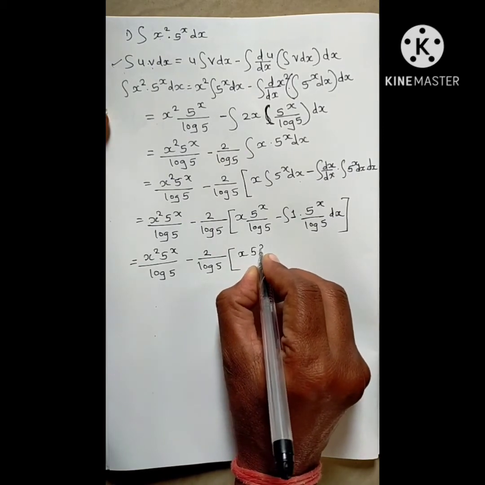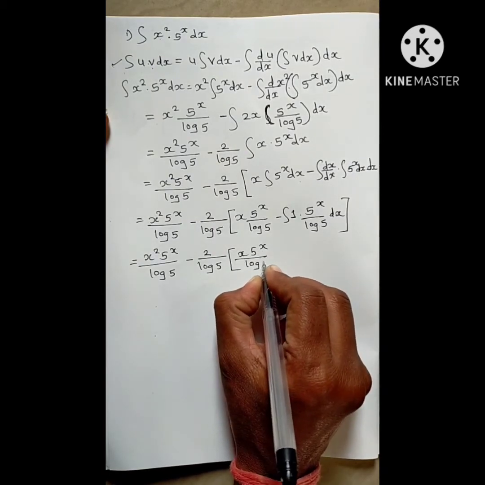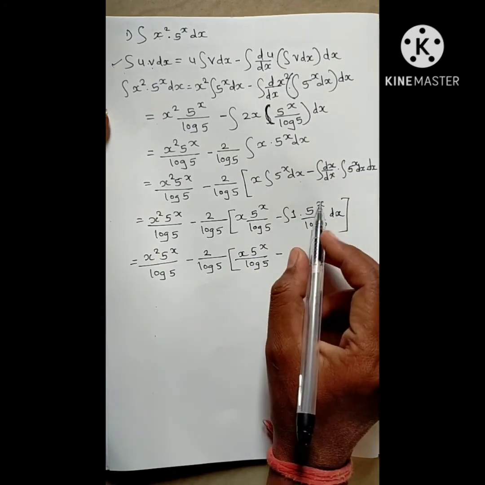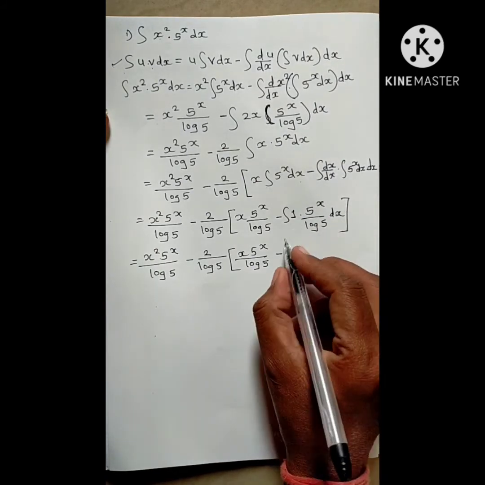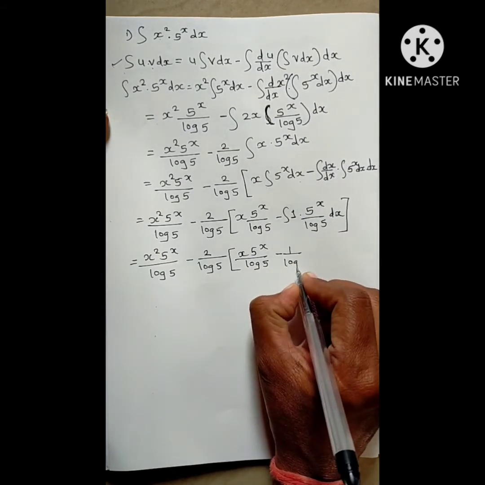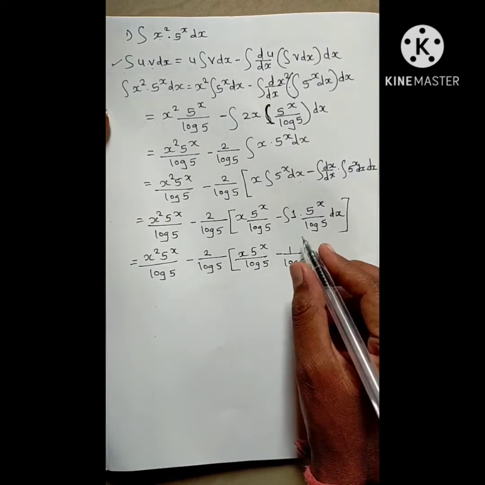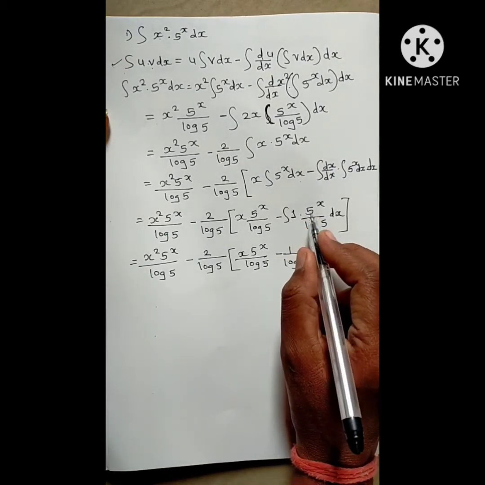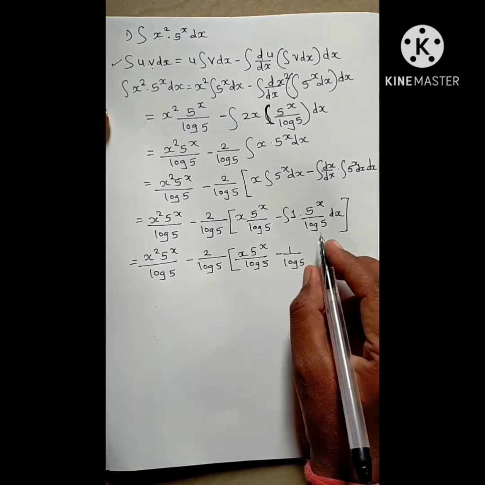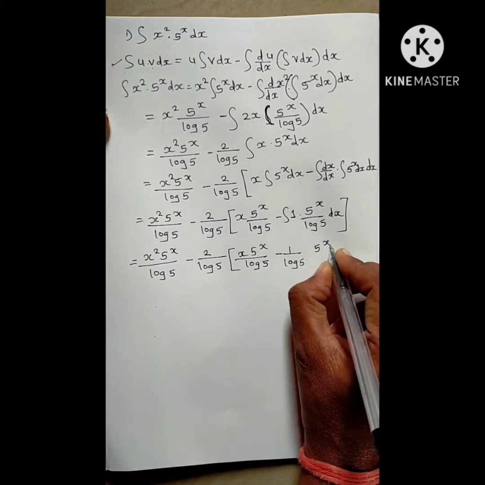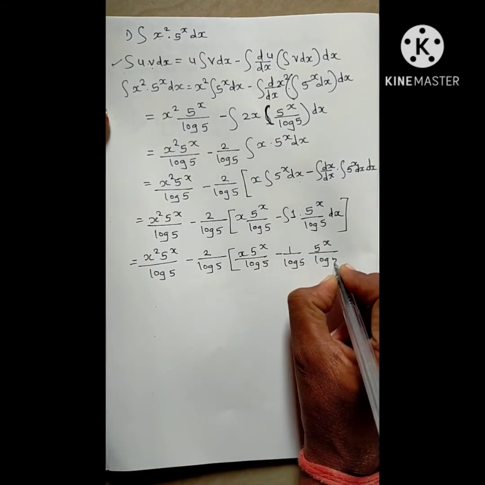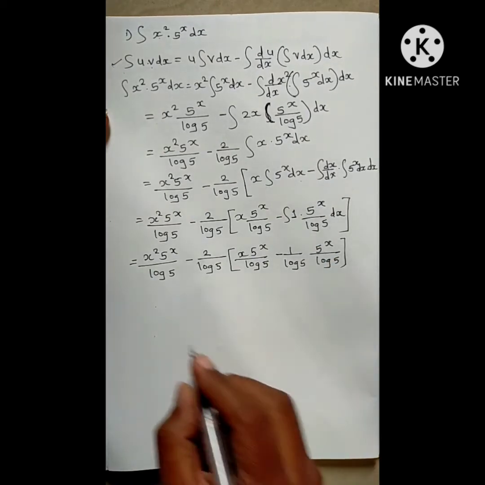x 5 raised to x by log of 5 minus the value of this integration is 1 upon log 5 as a constant taken outside, and the value of integration 5 raised to x is 5 raised to x divided by log of 5.